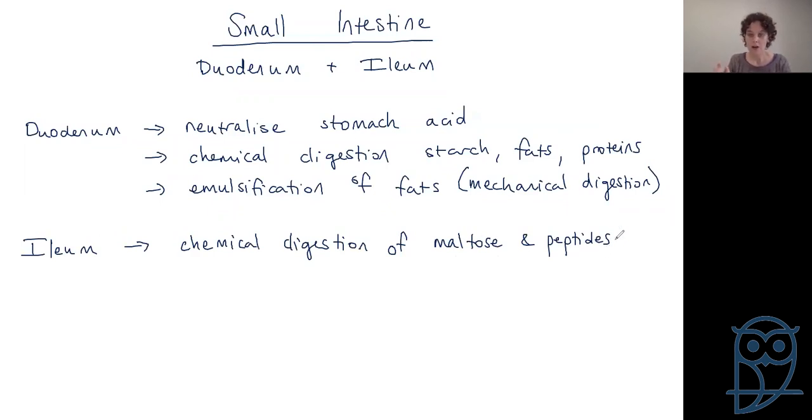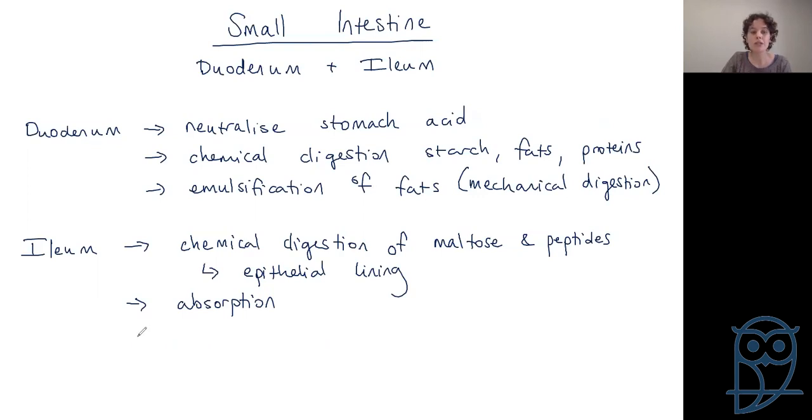Okay, so here this happens in the epithelial lining. Now, why is that ideal? Because we have absorption. Okay, so we are going to break these down into their smallest molecules and then we're going to straight away absorb them across the epithelial lining.